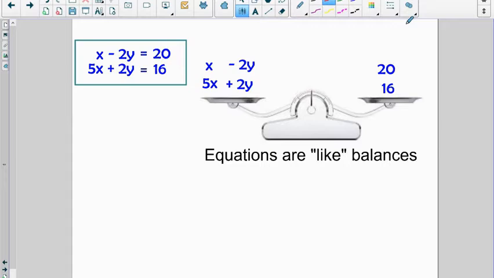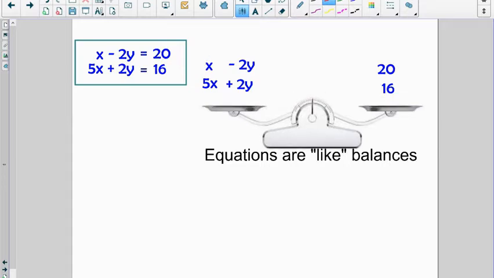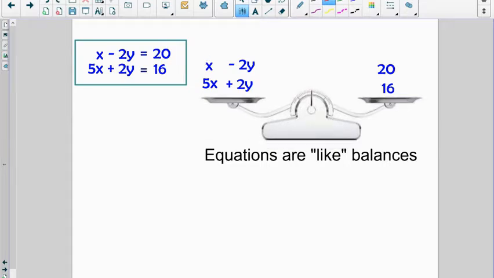Now, when we do that, keep in mind, anytime you have a variable, there is a 1 in front of that variable as a coefficient. So when I combine my like terms of x and 5x, I add together 1 plus 5. Well, 1 plus 5 is 6, so that would give me 6x.